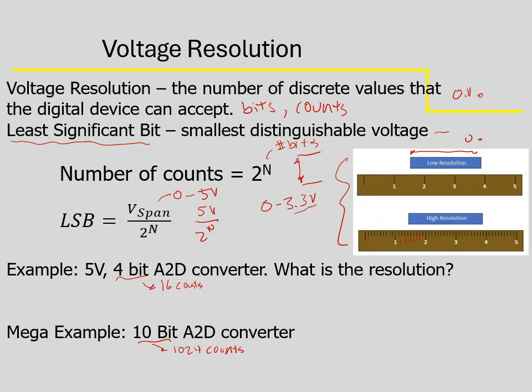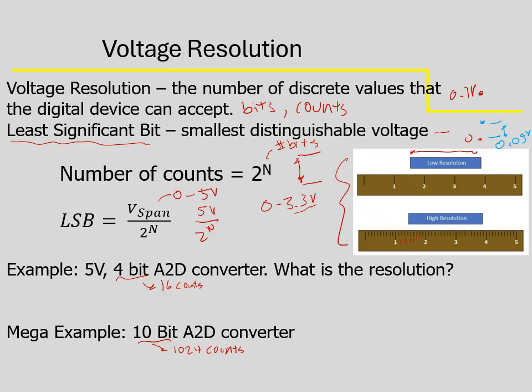If your true value fell in this range, it could be off by as much as half of that. So if this was 0.1 volts, your maximum error would be 0.05 volts.